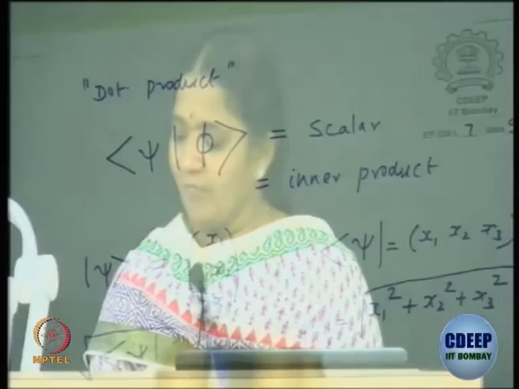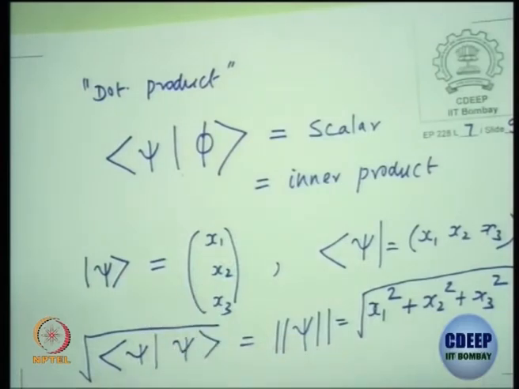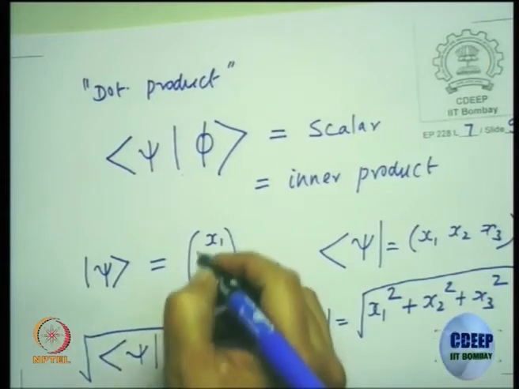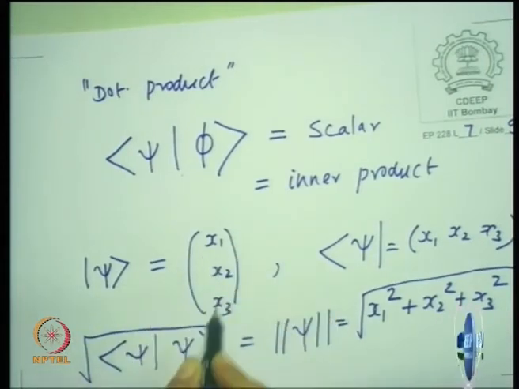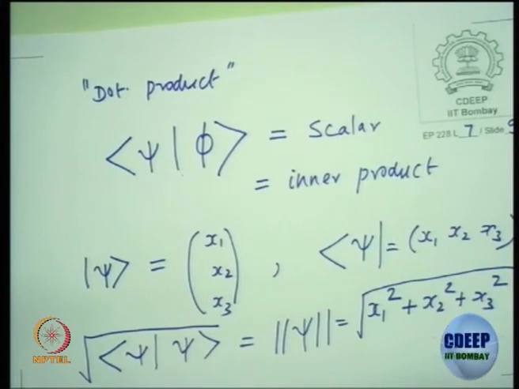Suppose instead of R3, I want to go to a complex vector space, like we have done with the complex plane. The complex plane has one z coordinate, but I could look at two z coordinates in an abstract complex vector space. Suppose x1 is complex, x2 is complex, x3 is complex.